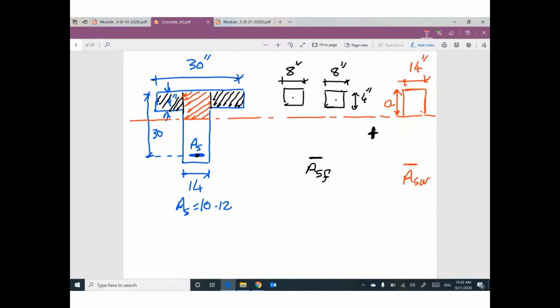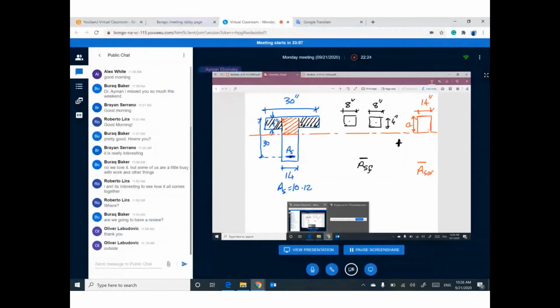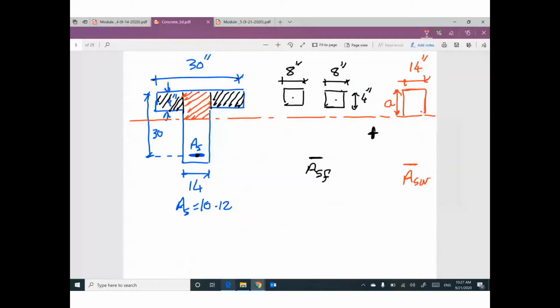Do you agree? Do you have any comments or problems? We have two parts: I divided this cross section into two parts and the area of steel into two parts. Remember, the total area of steel, which is 10.12, equals the first part plus the second part. Put it in your mind.